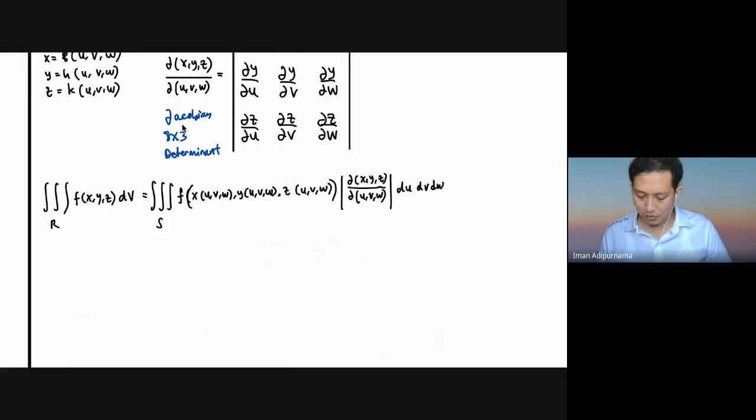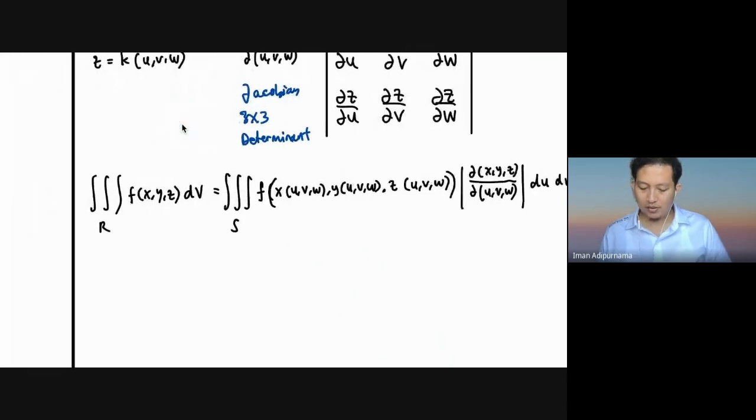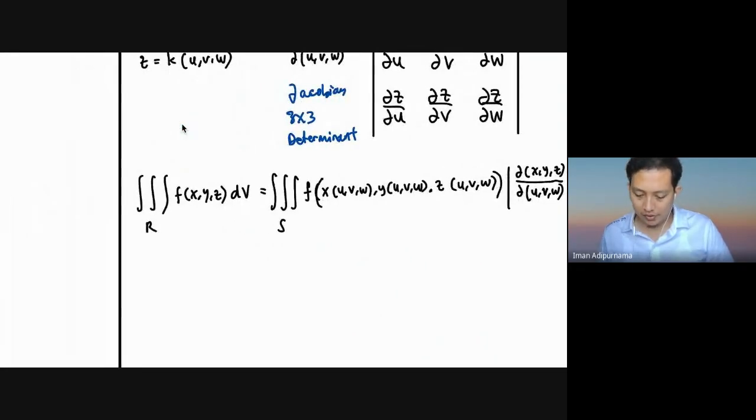And that is the general formula for the Jacobian in triple integrals. The best way to understand the triple integrals or the Jacobian is the spherical coordinates.